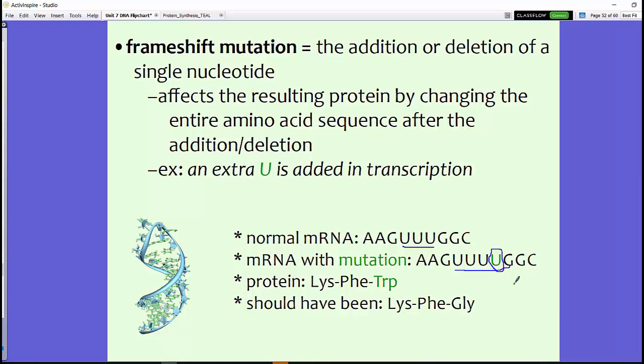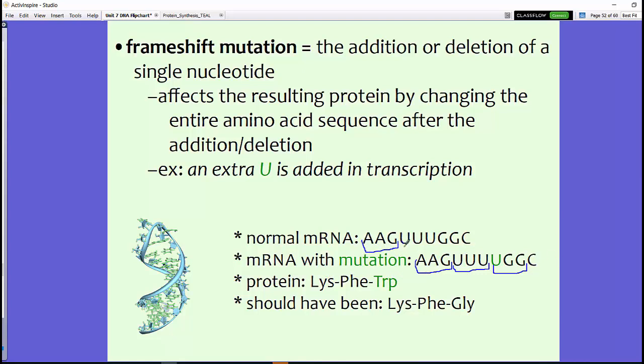So we've added an extra U. With our codons, remember we have 3 of our base pairs that will now code and be our codons here. And now what we have here is lysine, phenylalanine, and tryptophan.